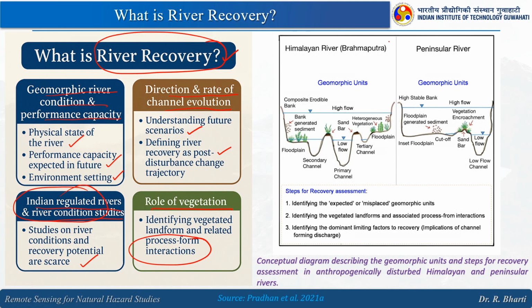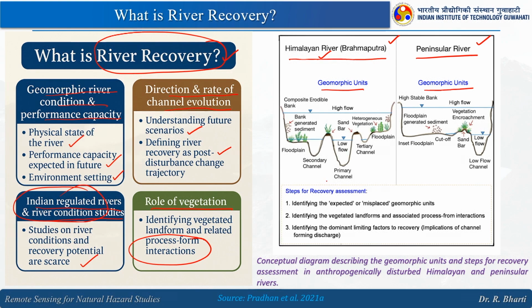Here you can see we have two examples, one is a Himalayan river, that is the Brahmaputra, and the other is a peninsular river. If you compare the geomorphic units of these two, you can see this Himalayan river is a very complex river, right.